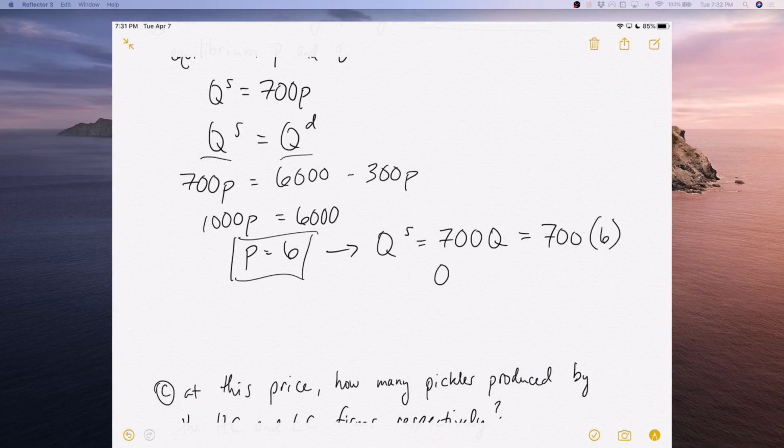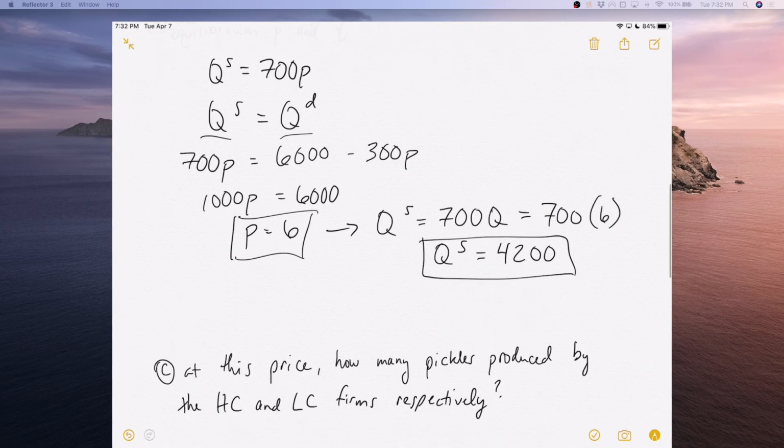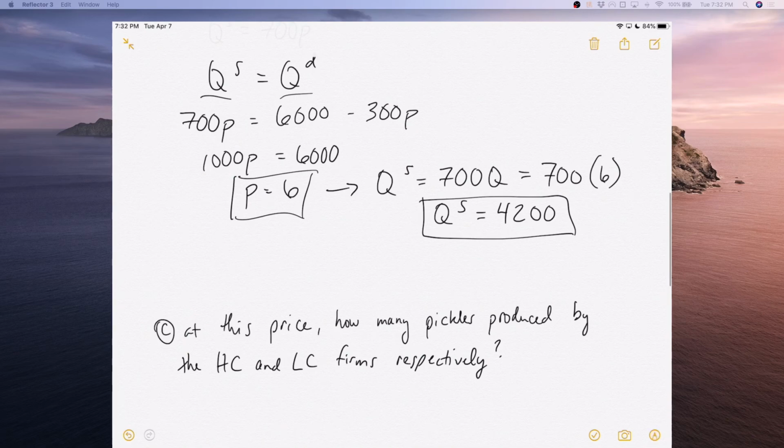Just to double check, I'll also do QD, which equals 6,000 minus 300 times 6. So QD also equals 4,200.